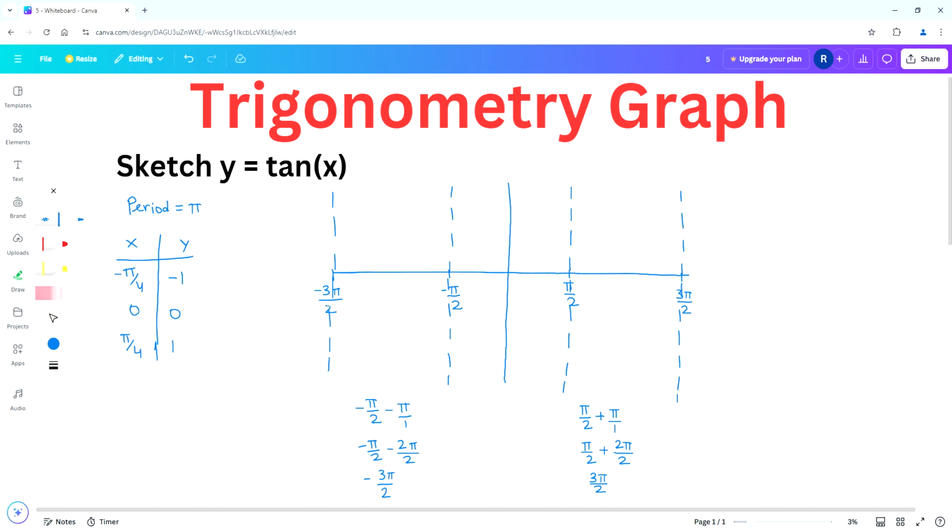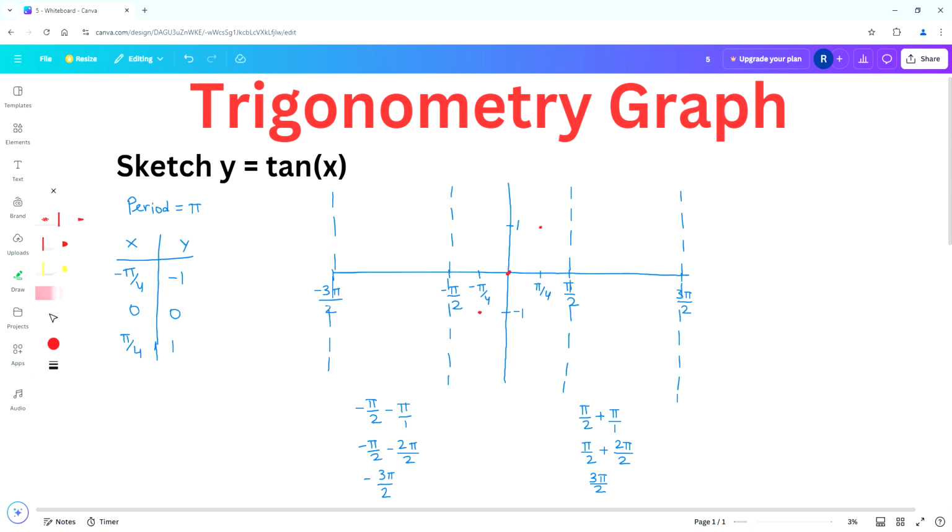Now we can plot these points to sketch the curve. The first point is negative pi over 4, negative 1. The second point is 0, 0. The third point is pi over 4, 1. We can join these points in the form of a curve.